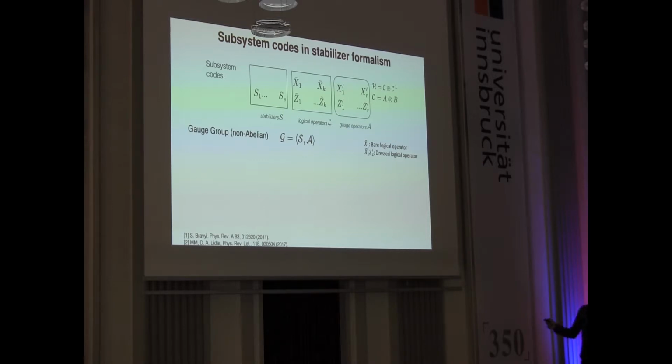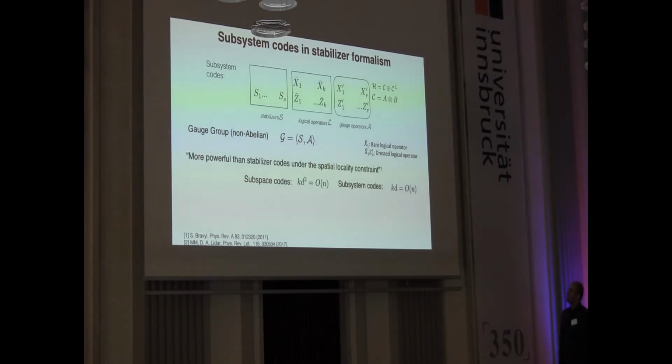So the bare version of the logical operator, I just get it from here. I can have it dressed with some other complicated operation on the gauge operators. This comes into my talk in an unexpected way, maybe, but later we'll see.